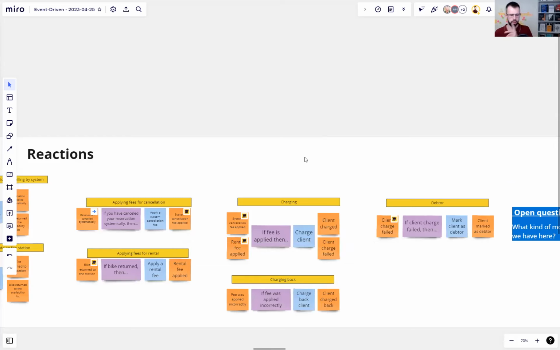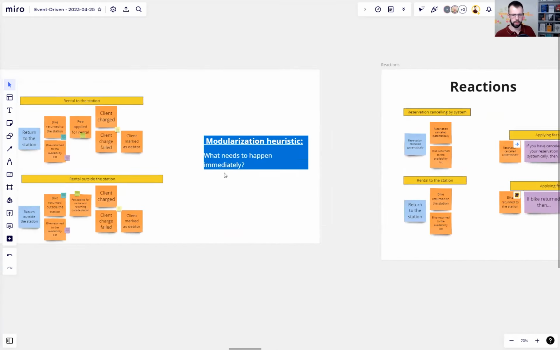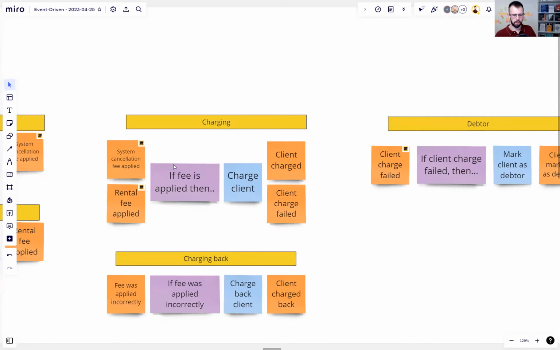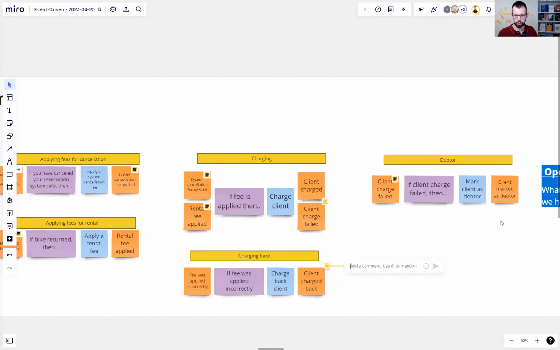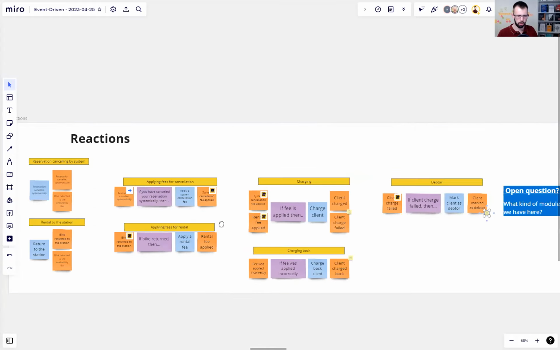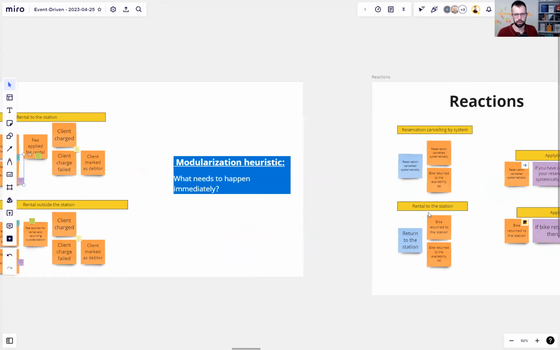So based on the situation, we'll see that, of course, I omitted these small cards here, but we will see that this part from the purple card is connected mostly to a single question. We will be able to spot the parts of the processes that are connected to a single question, to a single source of truth in our system.